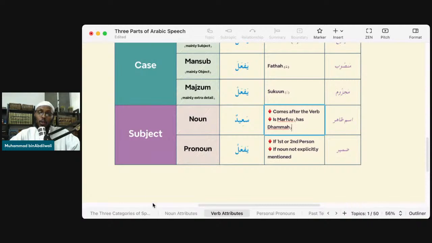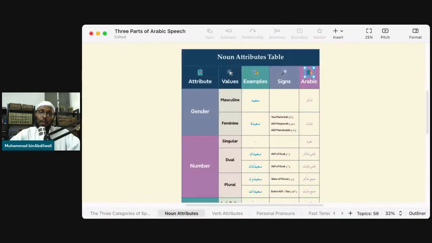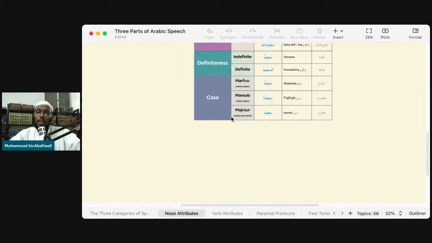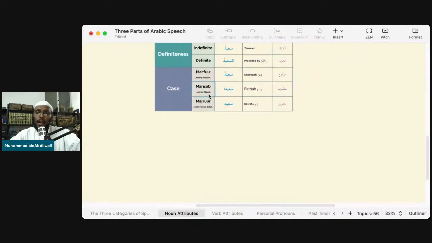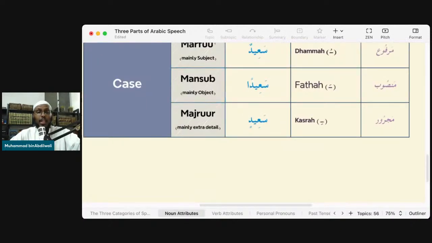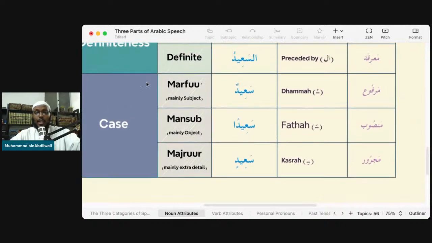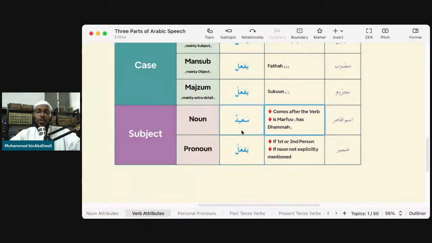And remember, if we go back to the noun attributes, what did we say about dhamma? We said dhamma is mainly the subject. It's the most important thing of the sentence. If a word has dhamma, you know that it is important. So in safara sa'idun, sa'idun being the person who actually did the verb, is a very important word.